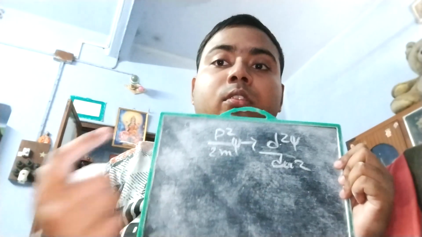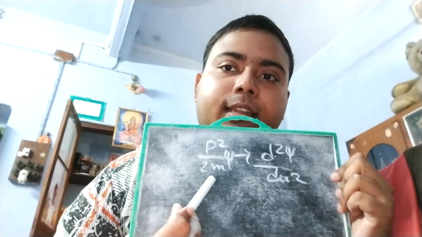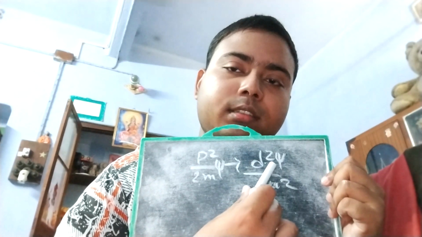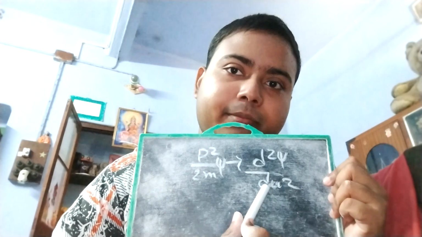And now for the p square by 2m psi, to get that value, we need to doubly differentiate the wave function with respect to the position of the particle.